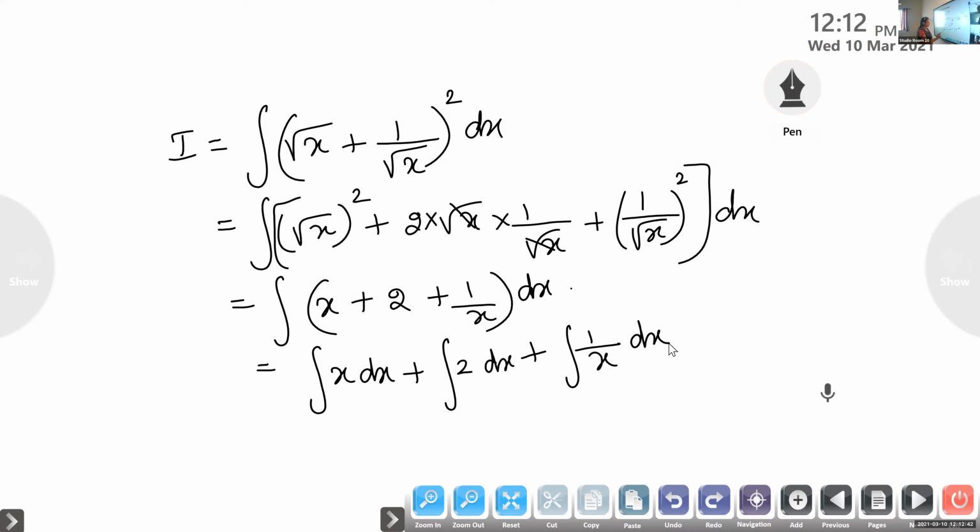Now what is integral of x dx? X square by 2. Yes, it is.